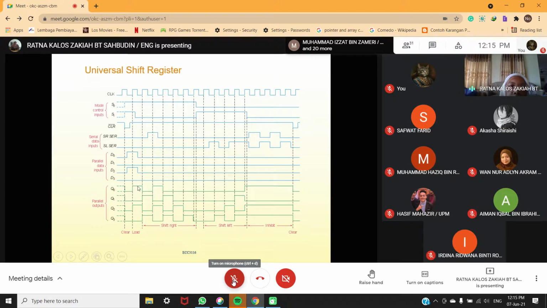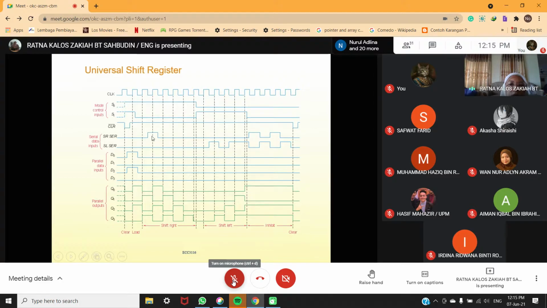Immediately at the next clock you have the data in, that is high, low. And then what happened now? The following clock here, you have shift right.